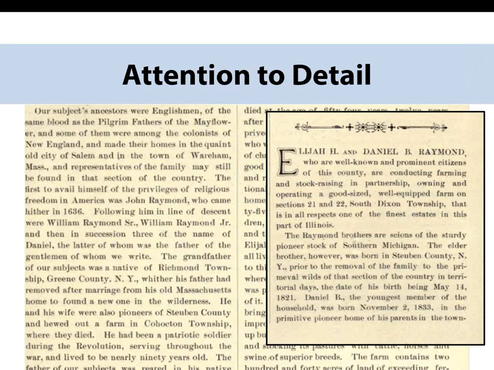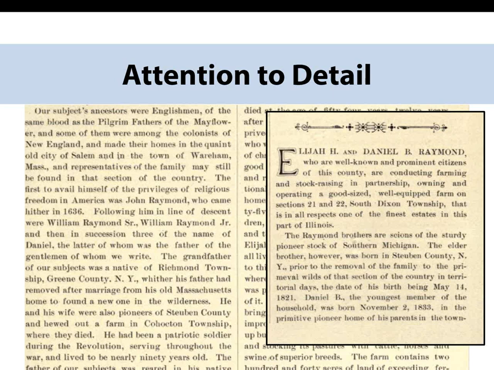So let's look at an example of the times where we should really be critical of a particular mug book entry. This is an entry that was in the Lee County, Illinois biographical sketches for Elijah and Daniel B. Raymond.